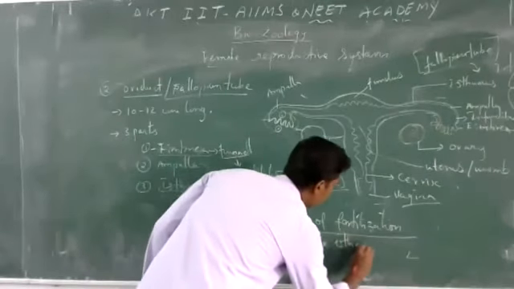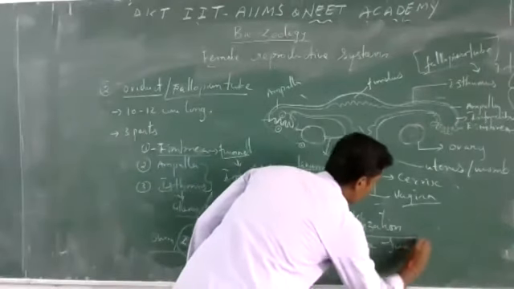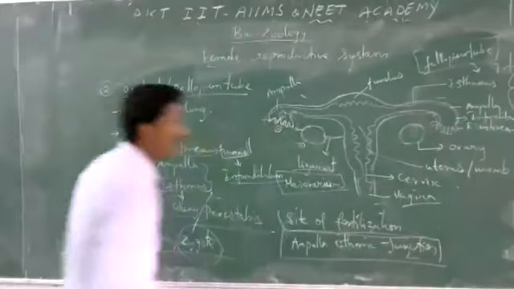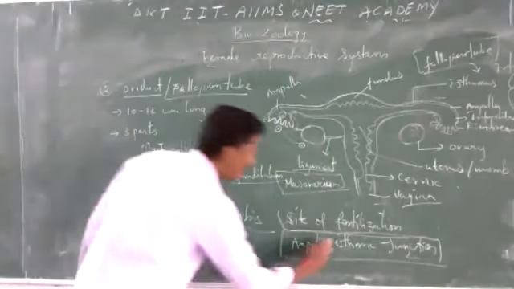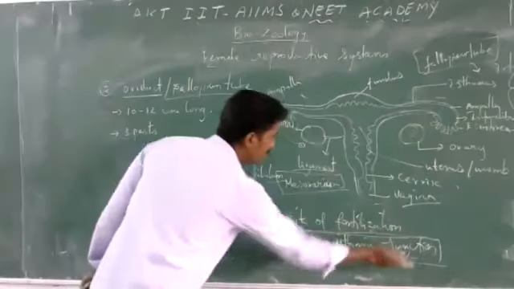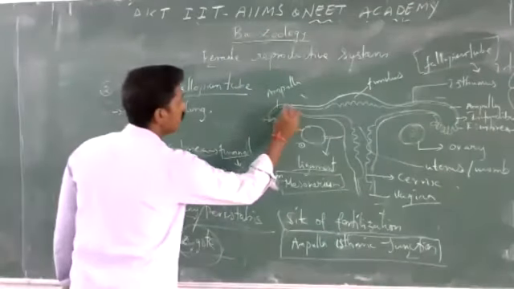Mostly, fertilization takes place in the ampulla-isthmic junction.